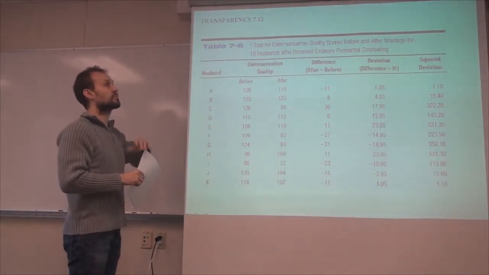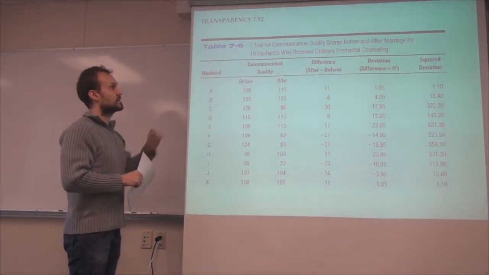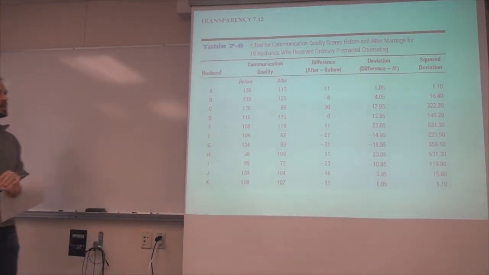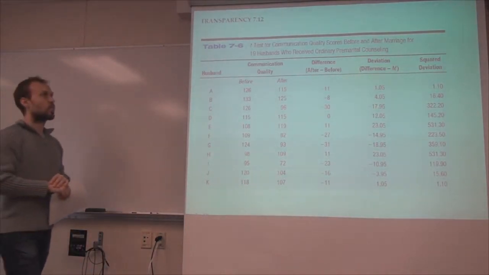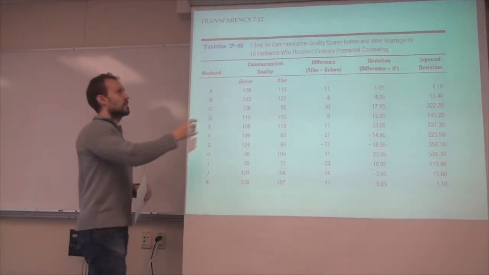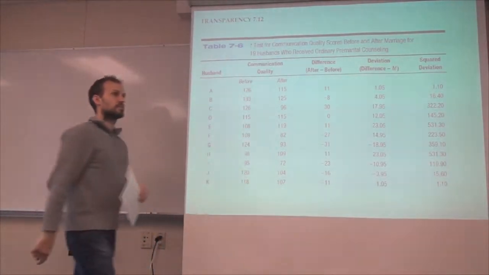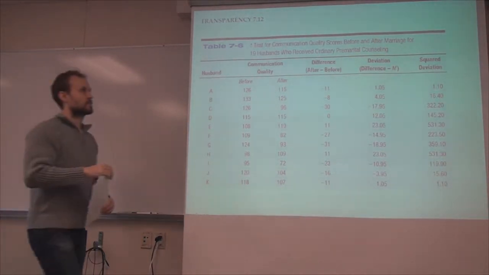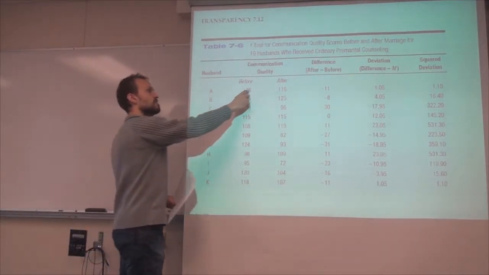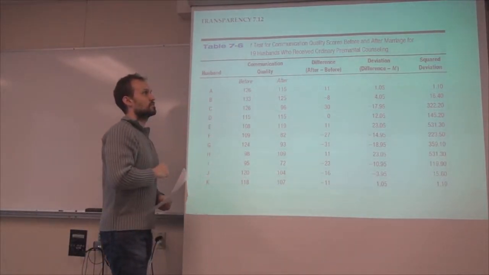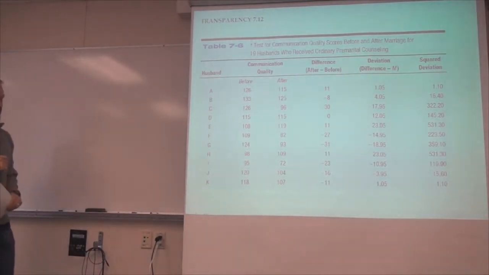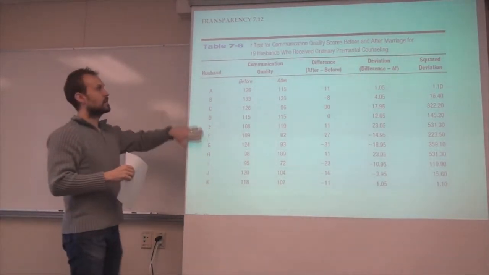And this sample only refers to a sample of 19 men to see how their communication quality has changed before and after marriage. So they've gone through some basic counseling, but nothing major, seeing if there's an effect due to that basic premarital counseling. So I have my 19 men here.